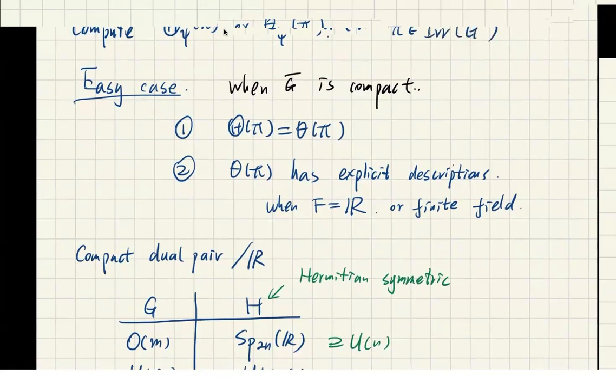When G bar is compact, then this is the easiest case, because from the general theory of representations of topological groups, the Weil representation will decompose into direct sums of irreducible representations, isotypic components of pi.